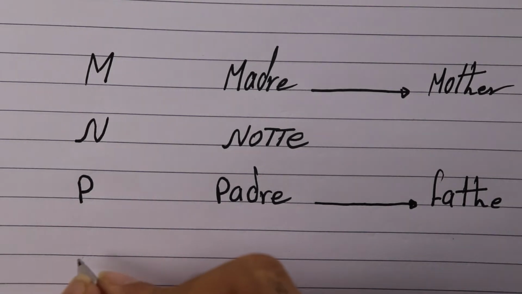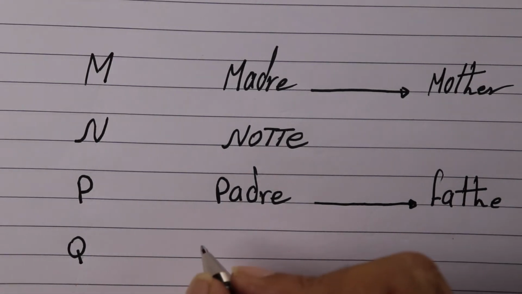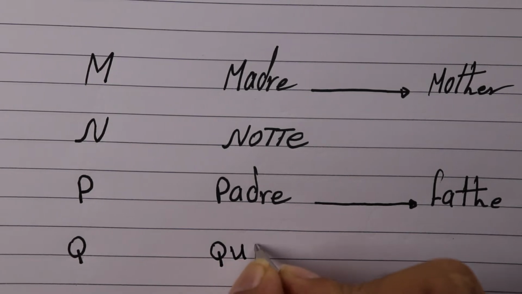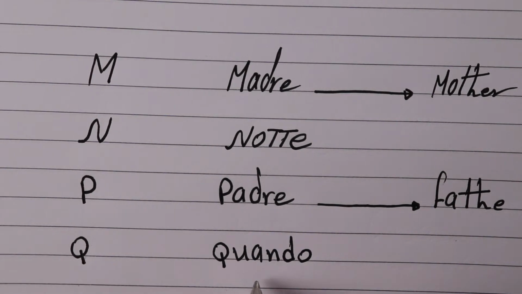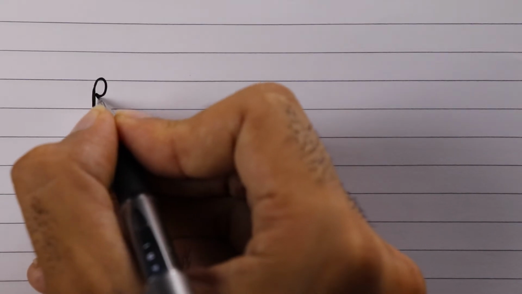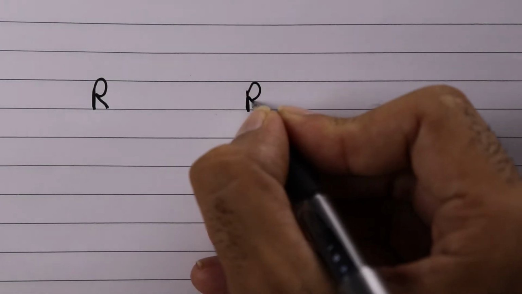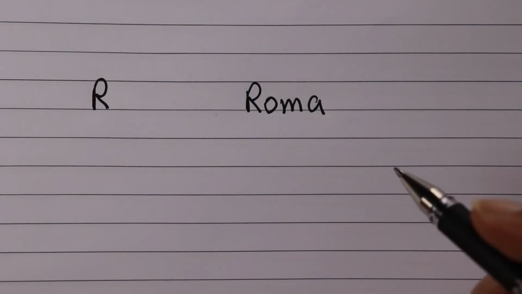And next one is Q, like quando, and quando means when. Quando. Next one. R, like Roma, Rome.